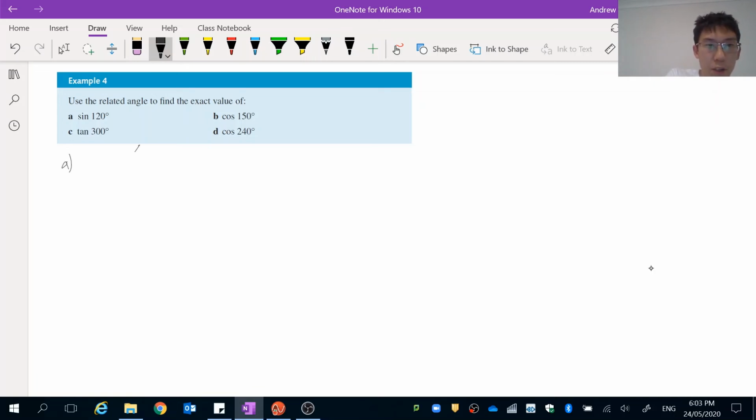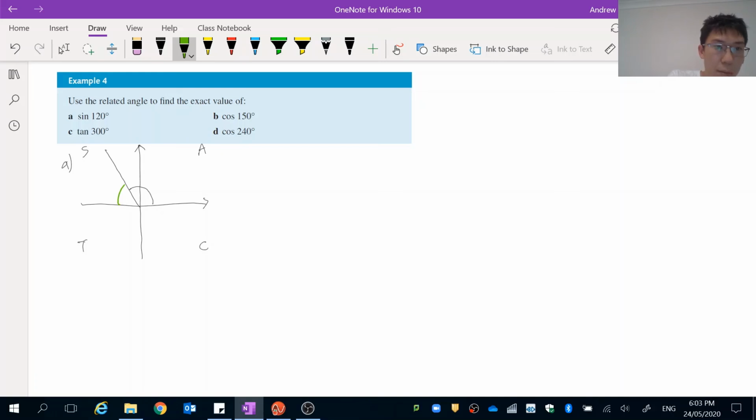Eventually, you can make the process a bit shorter, but when you first start learning this, it's a good idea to draw the table, draw the CAST diagram, locate your angle. So 120 would be here. Then you ask yourself, what is the acute angle this makes with the x-axis?